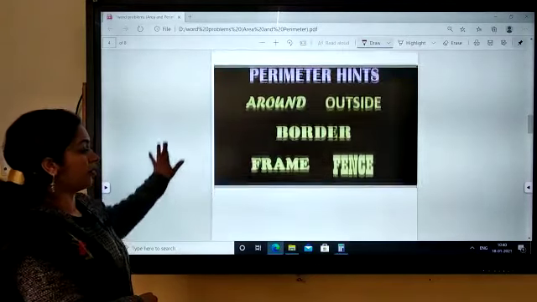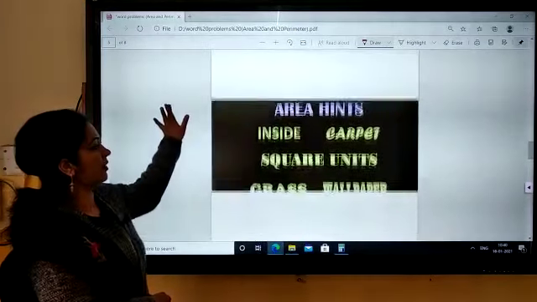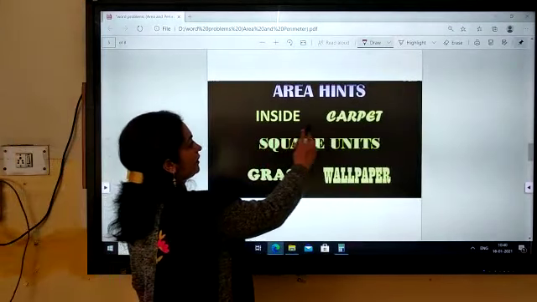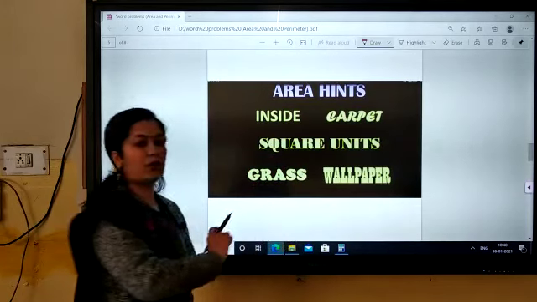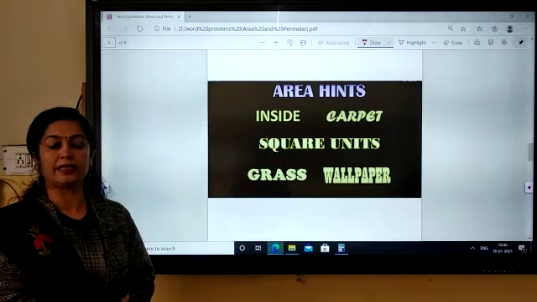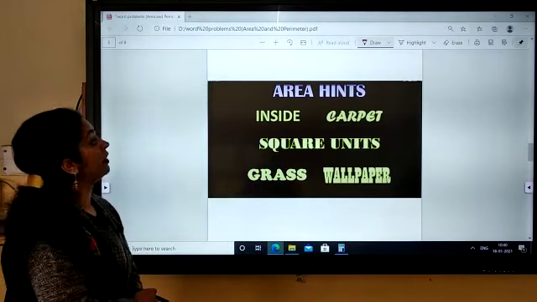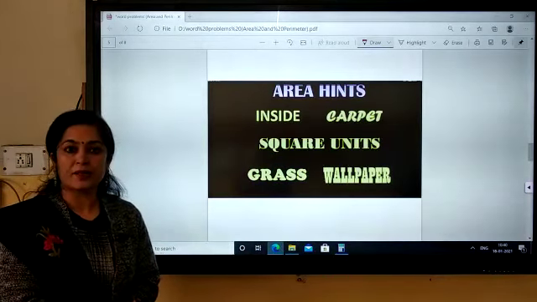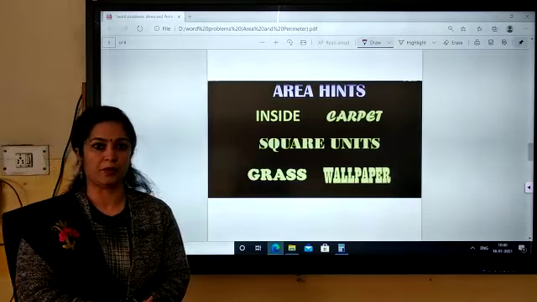But if the words like inside, carpet, square units, grass and wallpapers are there in that particular word problem, then you will find out the area. Based on these hints, we will try to solve some word problems.